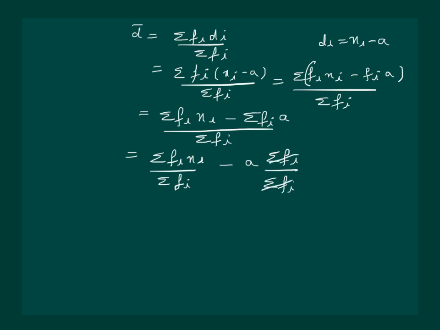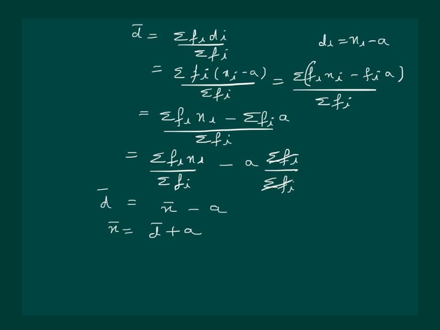It will get cancelled. Summation of fi xi whole by summation fi is same as x bar minus a. So we have d bar equal to x bar minus a. This gives us x bar should be d bar plus a.